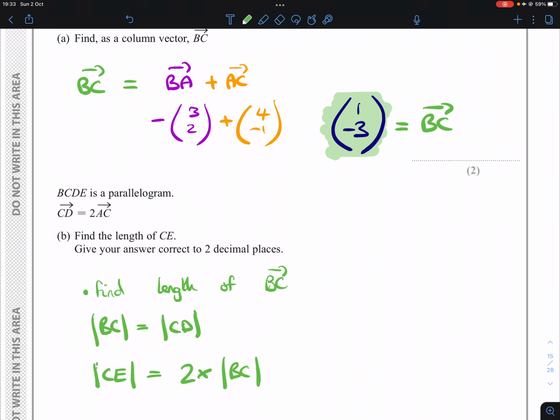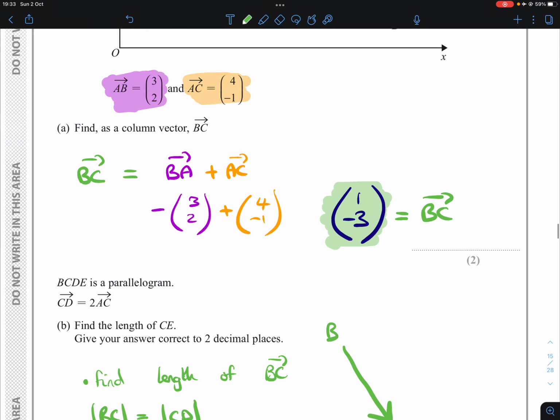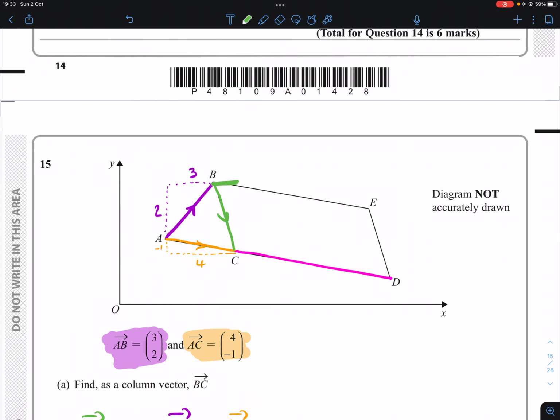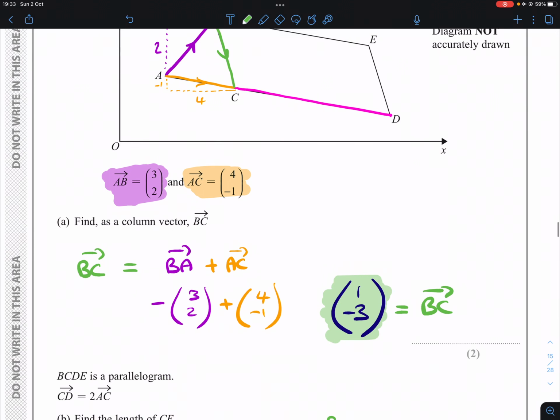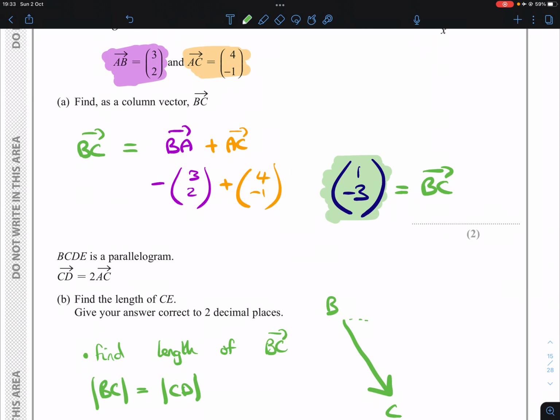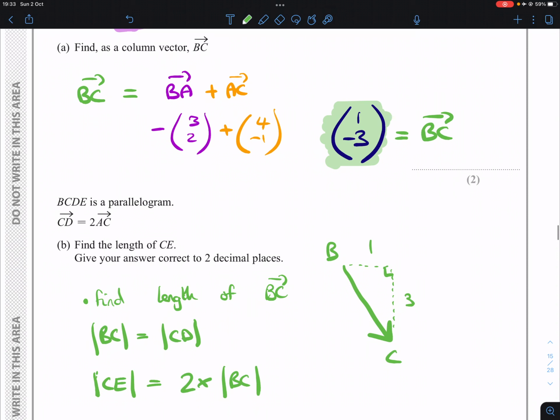So how do we figure out the length of this? Well, if I draw my vector for B to C again, the representation I had there of the 1 across and 3 down is very relevant here, because when you break it down into its vertical and horizontal components, you create a right angle triangle.